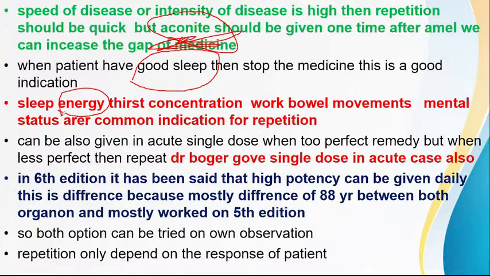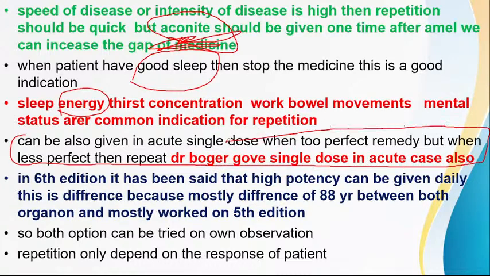Now, talking about repetition in the acute phase, Dr. Boger, a great homeopath, also gave a single dose in acute cases because he was so confident about the similimum.